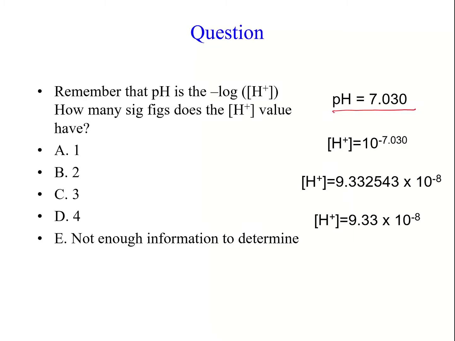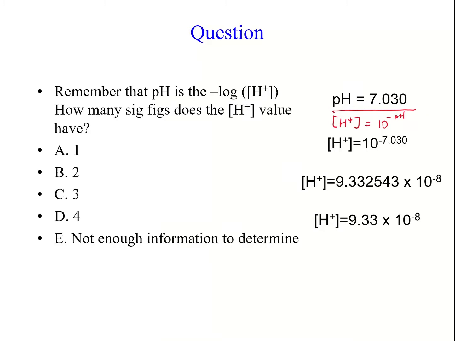7.030. To calculate the H+ concentration, we need to take the anti-logarithm of this value. So basically the 10 to the negative x function, or 10 to the negative pH. H plus concentration is equal to 10 to the negative pH.